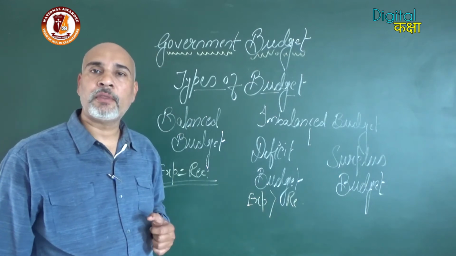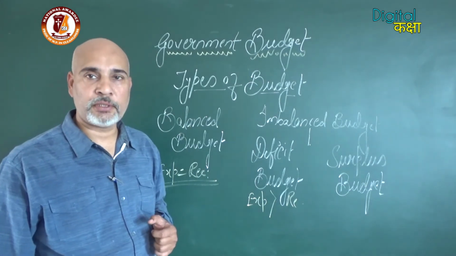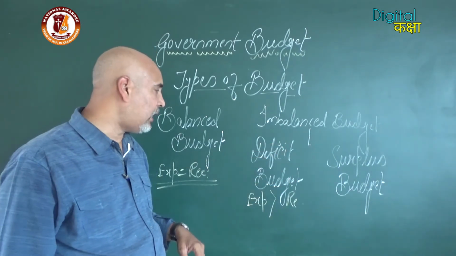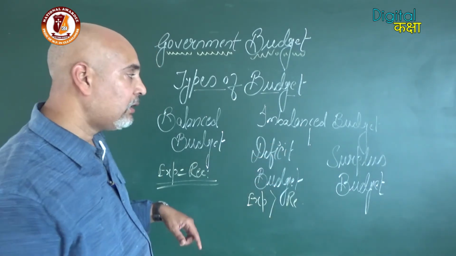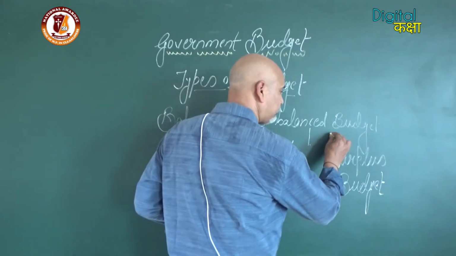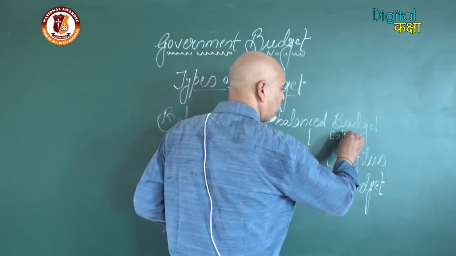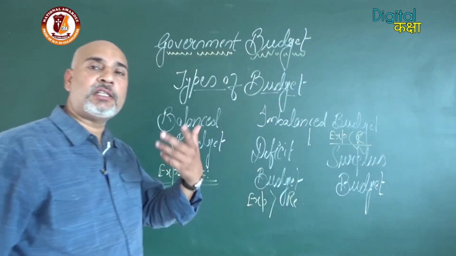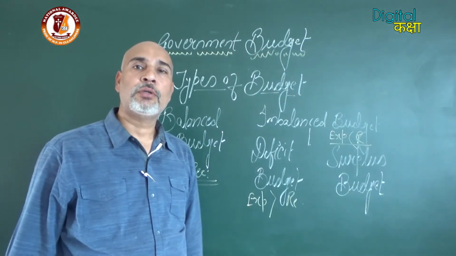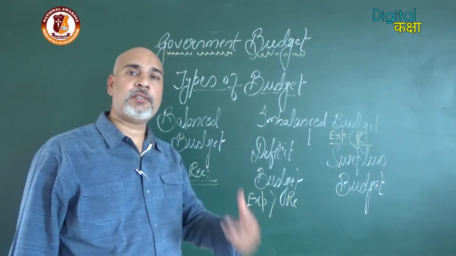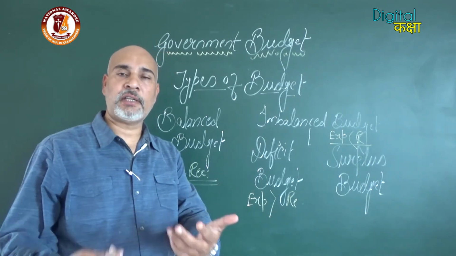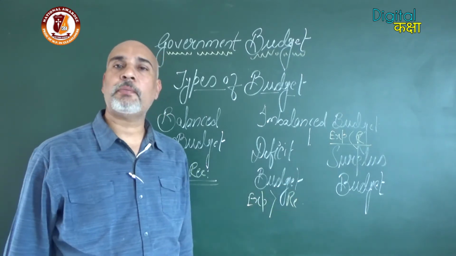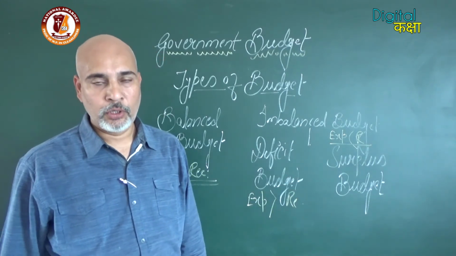That means we are in loss, deficit budgeting. Okay. Surplus budget is just the opposite of the deficit budget. Our receipts are more. Our receipts are 200, that is, the receipts of the government are 200, but expenditure is 100. That is, they are saving 100 rupees. Okay. So that comes under the surplus budget.